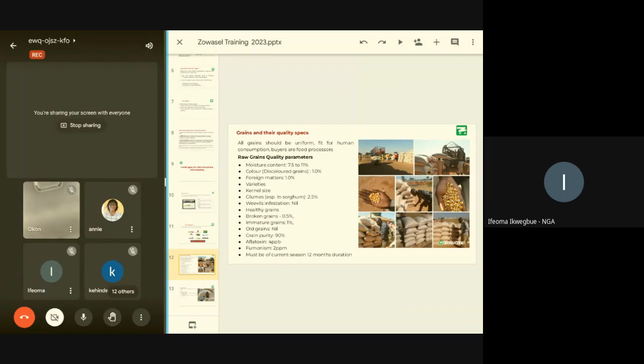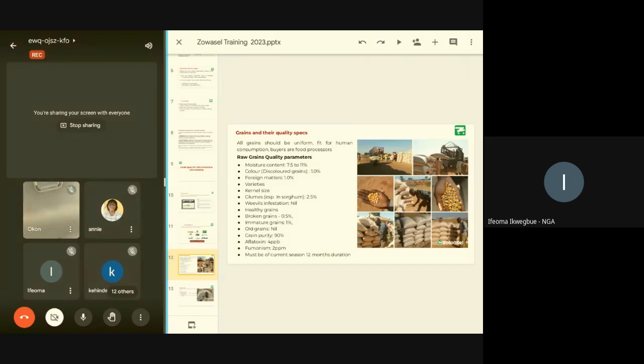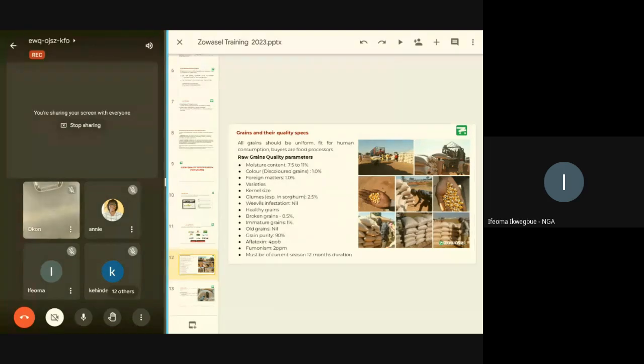Foreign matters are also a quality parameter that buyers look out for. There's a certain percentage of acceptance of foreign matters, and they could be a result of the presence of sand, dust, nails, broken bottles, or metallic materials in packaged grains.